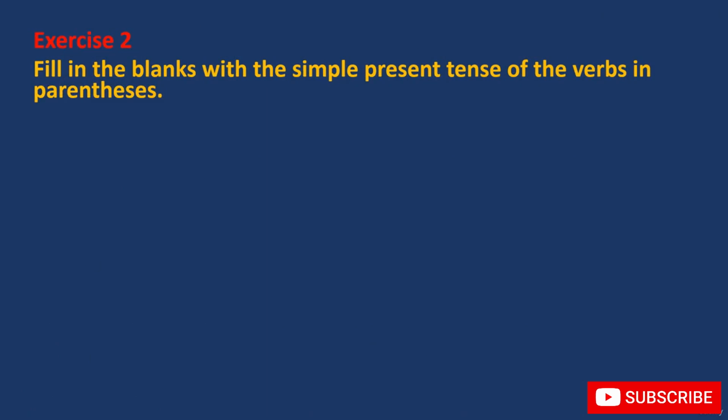About exercise 2, fill in the blanks with the simple present tense of the verbs in parentheses. Let's see. Number 1, winter, space after autumn. We said if I have he, she, it, or a singular noun, I add s after the verb. Here I have the word winter.